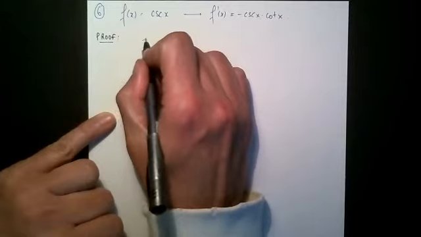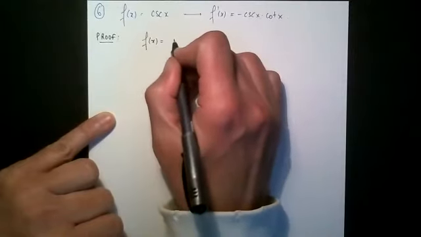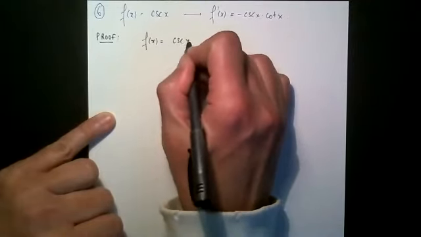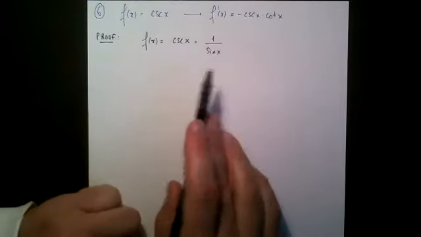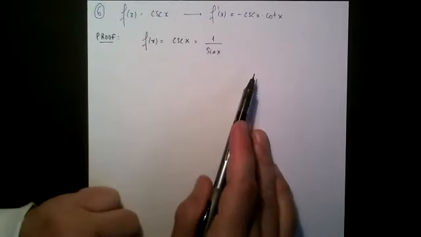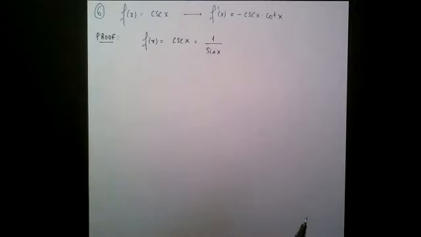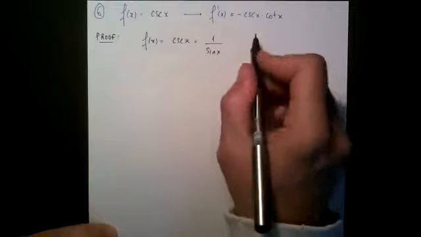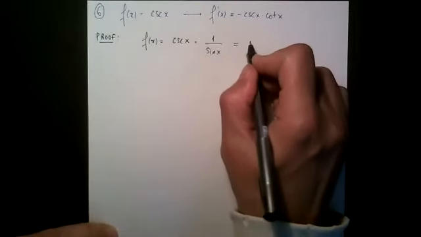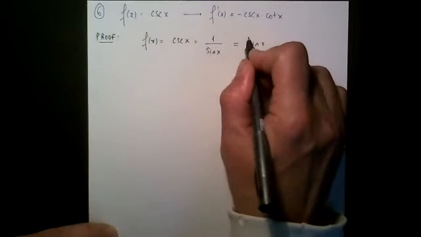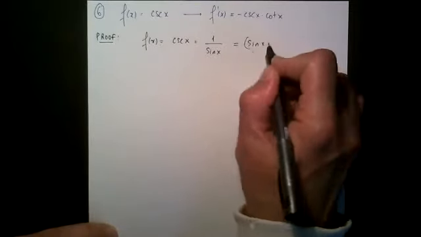So f of x is equal to cosecant x, which is 1 over sine x. Again, I could do it both ways, either using the quotient rule or using the chain rule, whatever you prefer. I personally prefer the chain rule, but it's up to you guys. I'll do the chain rule here. So this is sine x to the minus 1.